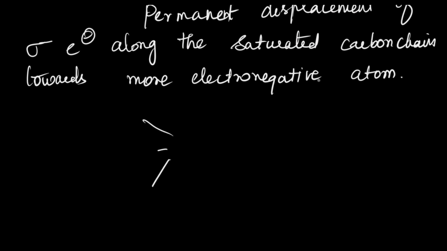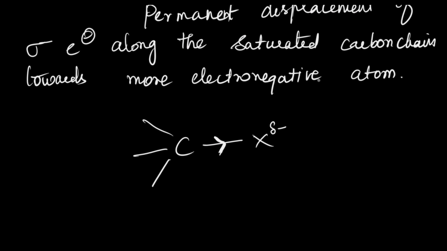What is that? Let me take a carbon which is attached to an electronegative atom, that is a halogen, let's say. So what will happen? This has more electronegativity, so it will pull the carbon's electrons also, because this is electronegative.